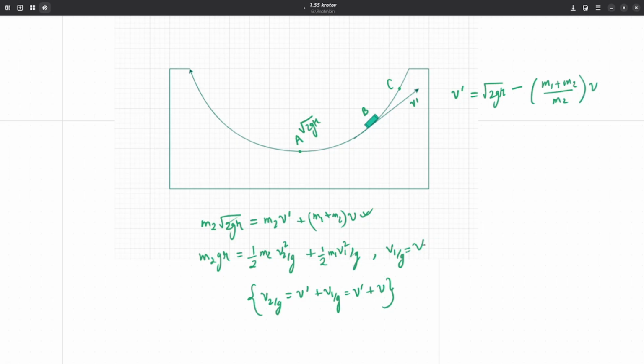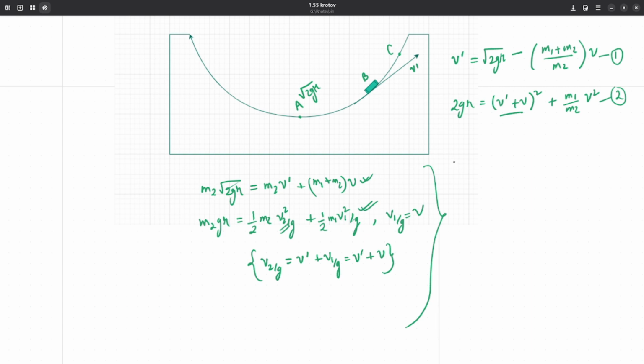From the energy equation, we get 2gr is equal to (v prime plus v) whole square plus m1 by m2 v square. So we plugged in v prime plus v in place of v2. Let's name these equations 1 and 2.